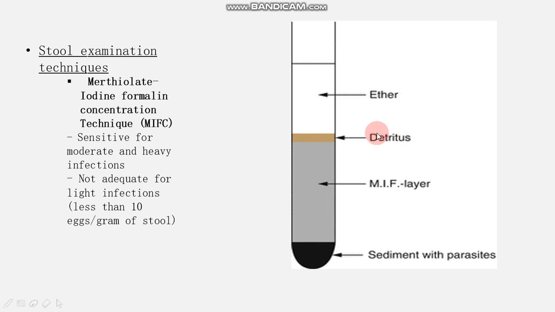Next we have the detritus, which is waste or debris of any kind, and the MIF layer, which is the merthiolate iodine formalin layer, and the sediment with parasite. Here, in the sediment, we can possibly obtain the parasite.